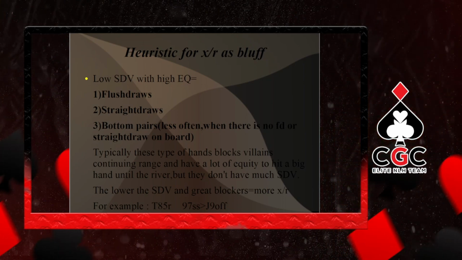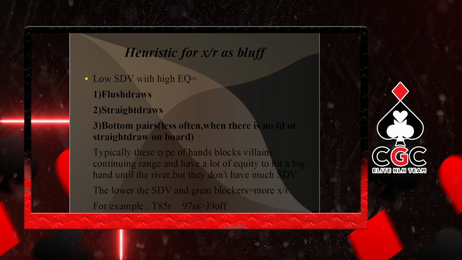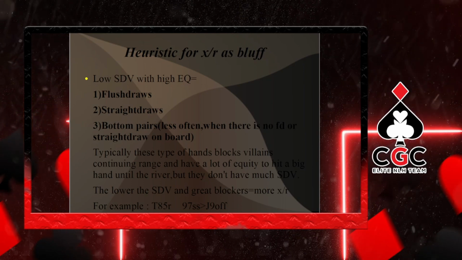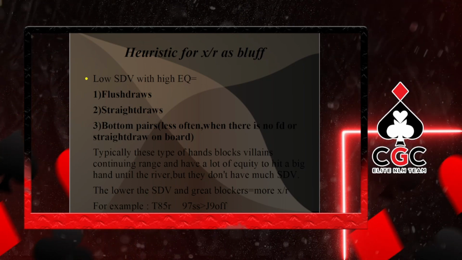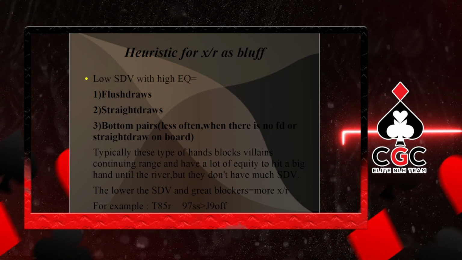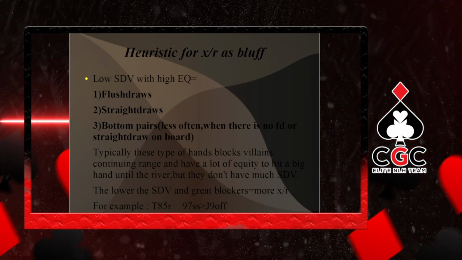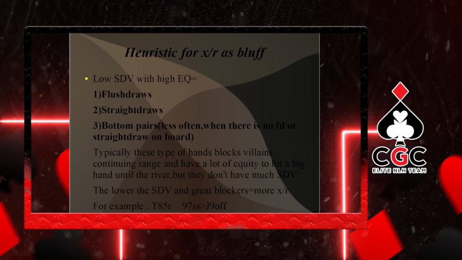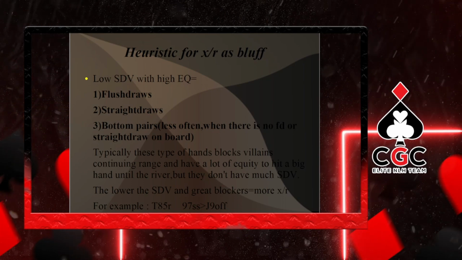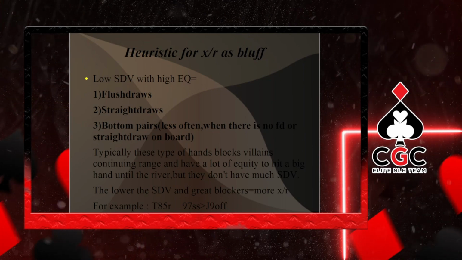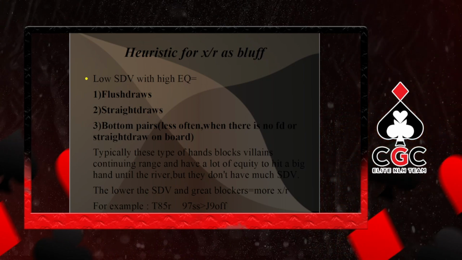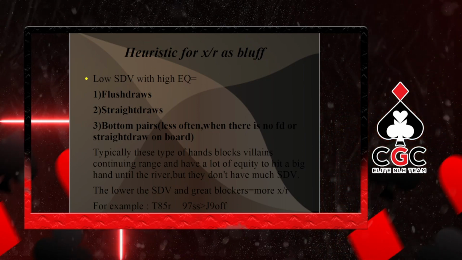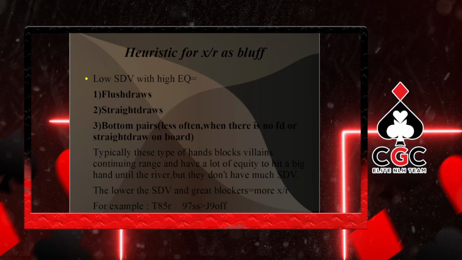We're going to see that 9-7 suited is a hand that has lower showdown value, but has higher equity. For example, on a 10-8-5 rainbow board, if we face a c-bet, we're going to see that 9-7 suited 3-bets, sorry, check raises more often than jack 9 offsuit.